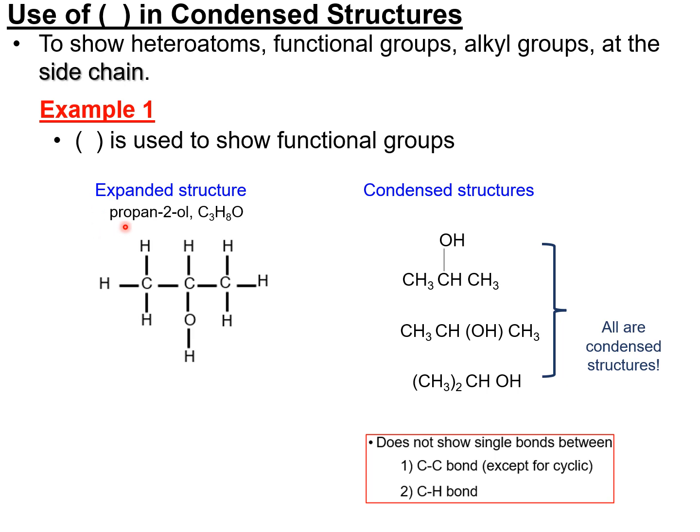Contohnya, kalau let's say you ada propan 2-ol, ol ni maksudnya is an alcohol. So, dia punya functional group dia should be OH. Okay, so if you want to draw the condensed structure of propan 2-ol, first thing first, you draw dahulu dia punya expanded structure, which dia ada 3 carbon atoms, ada 8 hydrogen atoms, tapi one of the hydrogen atom akan melekat pada oxygen.